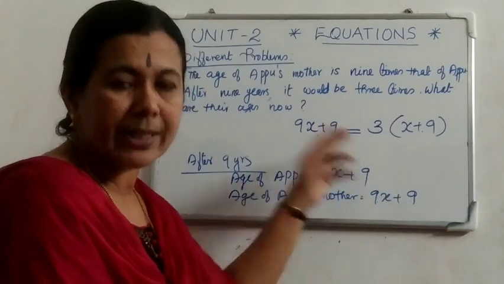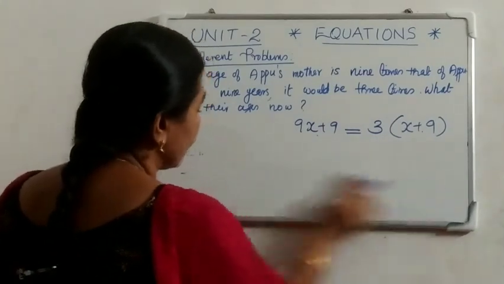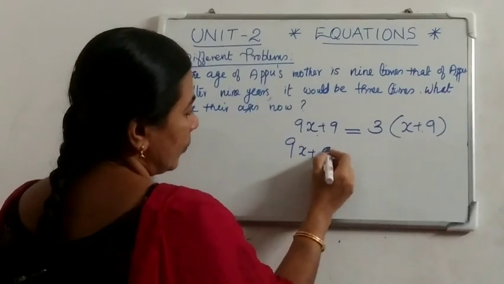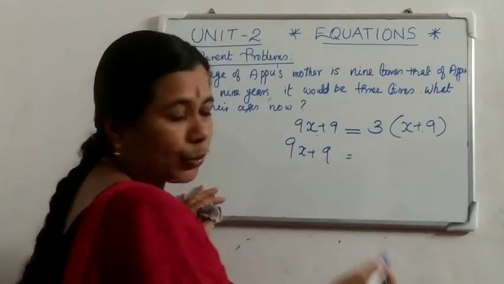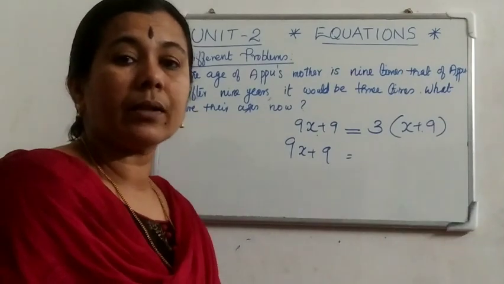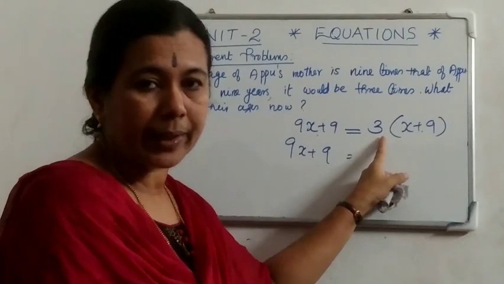We want to simplify this and find x. Okay, then simplify. 9x plus 9, left side is like that. And on the right side, what do we want to do? 3 into x plus 9. We want to multiply x plus 9 by 3.